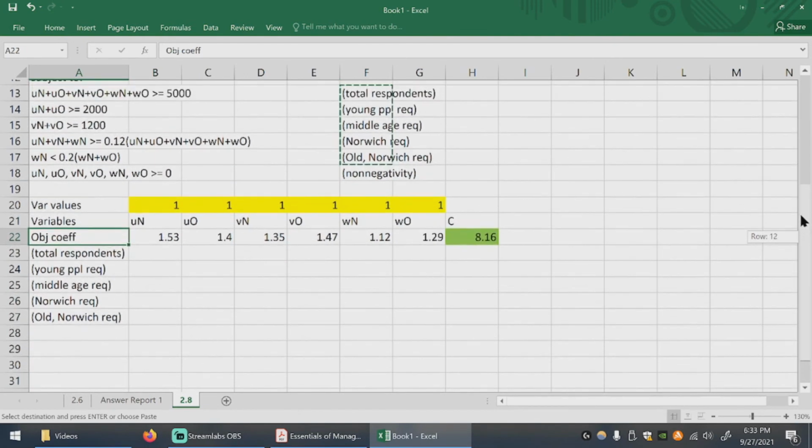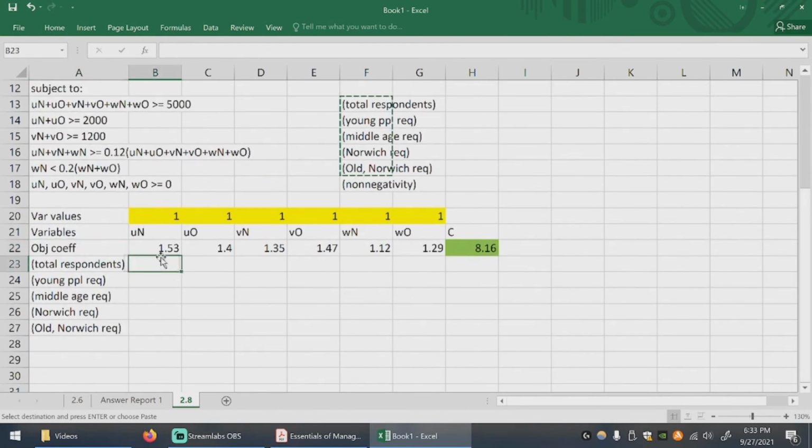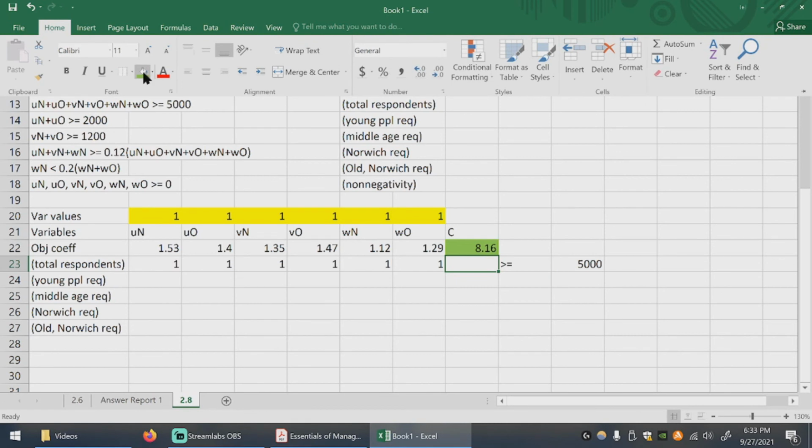Let's just try and see everything like so. All right. First one's not bad. Everything gets a 1. Then a greater than or equal to 5,000. Okay, that's pretty straightforward. While I'm here, maybe we'll calculate that. Why not?